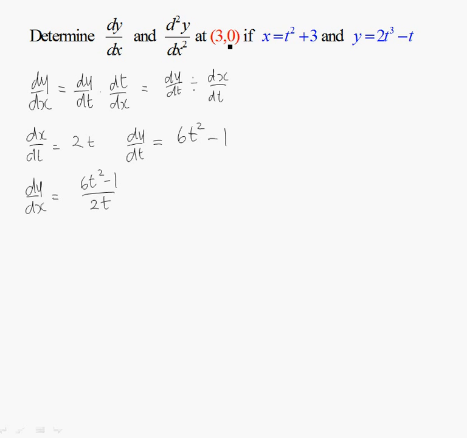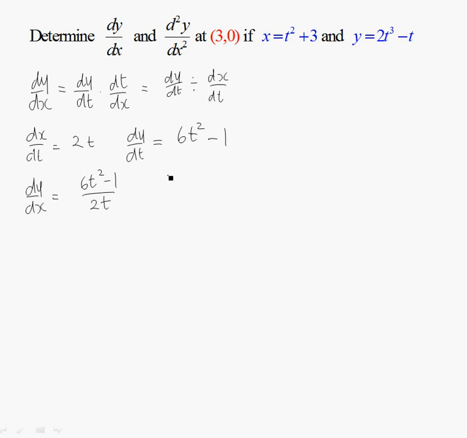If we want to find it at that particular point, well, this point is x equals 3 and y is equal to 0. But we've got a derivative in terms of t, so we really need to find out what value of t solves for this point. So what we're trying to find is when x is equal to 3.